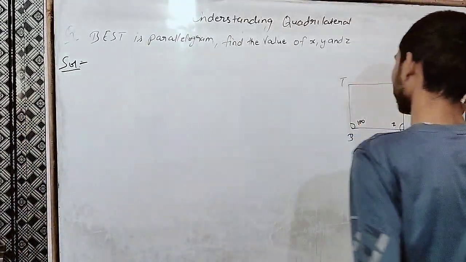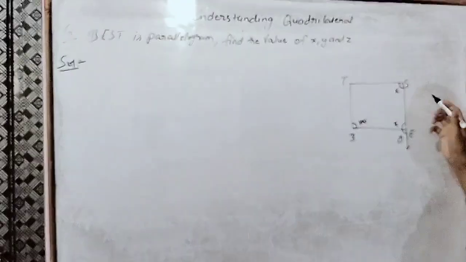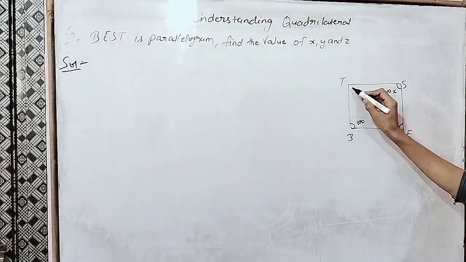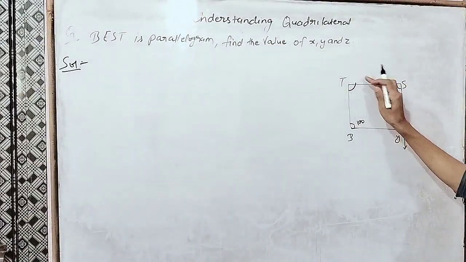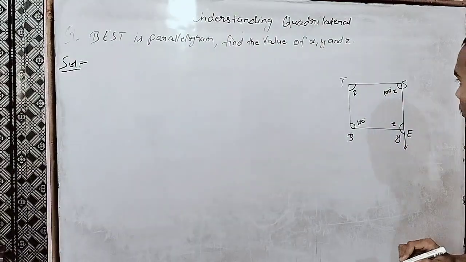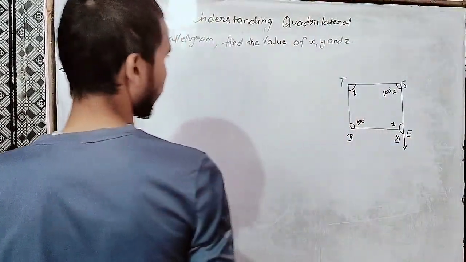So here, this is how much? 100. And this is just of z. Okay.